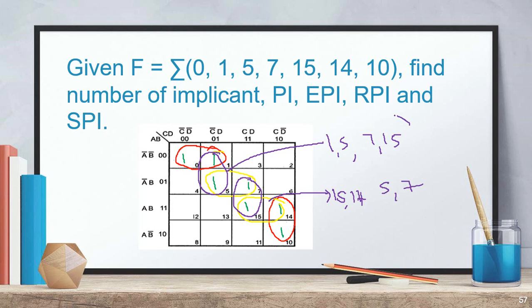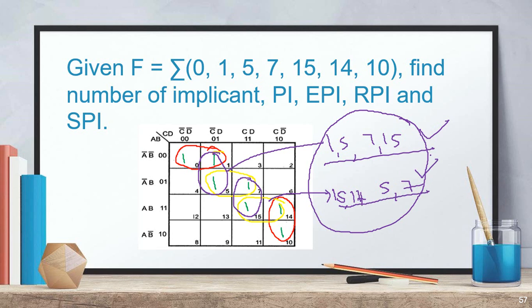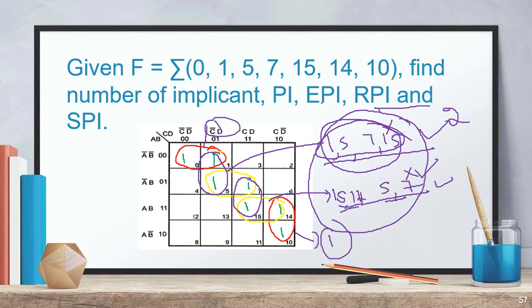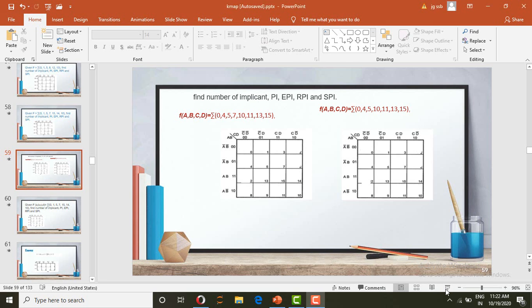So these four we are calling selective prime implicants. Either I can select this portion or I can take that portion. And essential is the red mark, the 0 1 and 14 10. Essential prime implicant is 2, SPI is 4, and prime implicant we already discussed.